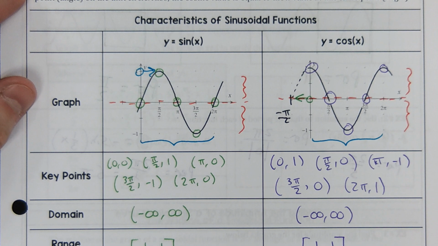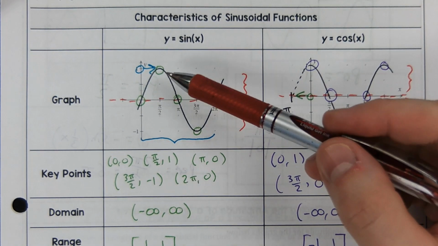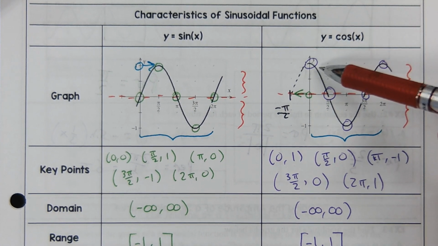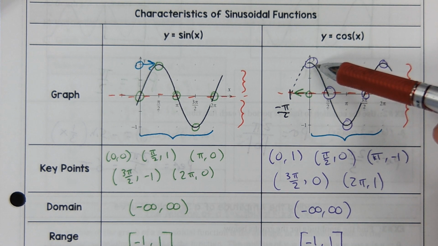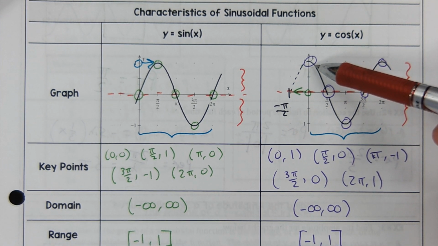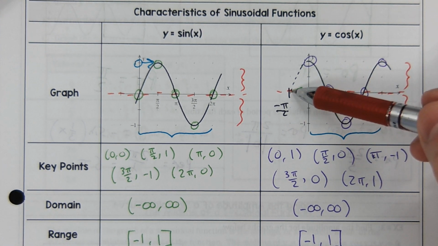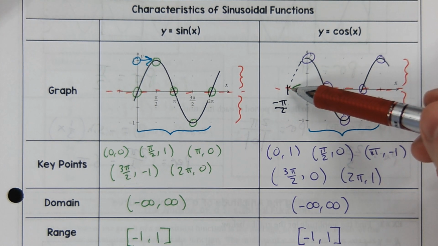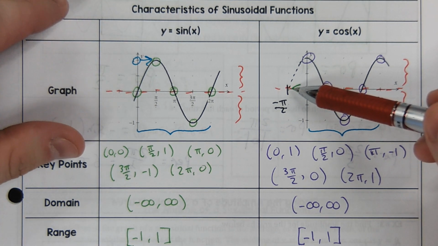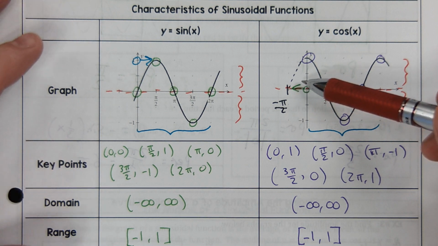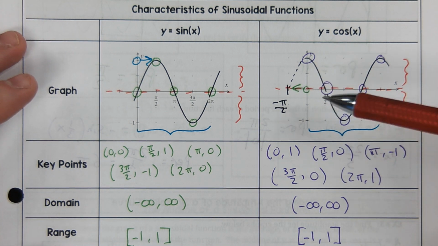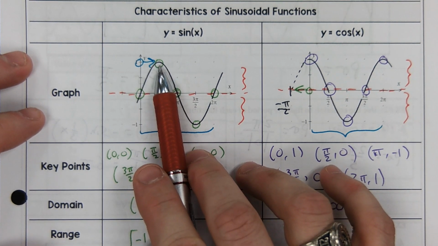So let's come up here. What would I have to do to this cosine wave to say that it's a sine wave? There it is. Go left pi over 2, right? Wait, I'm saying this backwards.